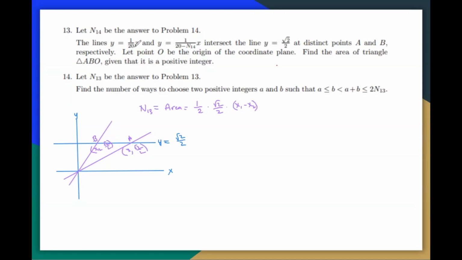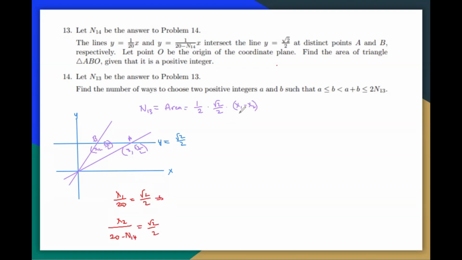Let's say I take this one as x1. Let's try that: x1 over 20 is equal to y, which is root 2 over 2. Then for x2 on this line, x2 over 20 minus N of 14 is root 2 over 2.